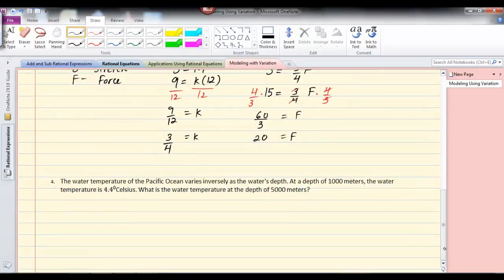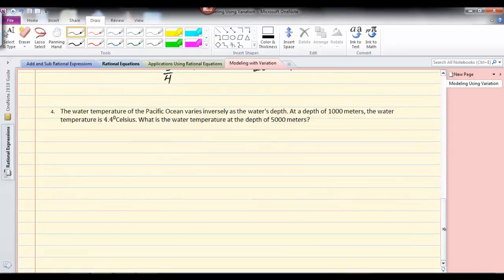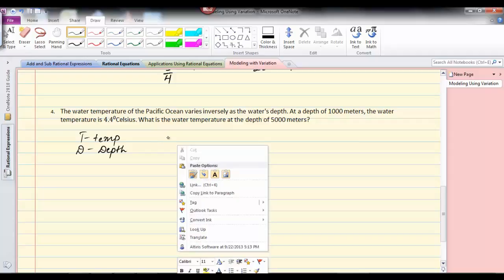Let's look at the next one. In the next one, it says the water temperature of the Pacific Ocean varies inversely as the water's depth. Let's write that down. So let's say T is for temperature and D is for depth.